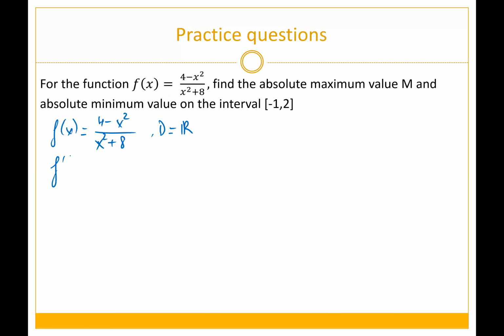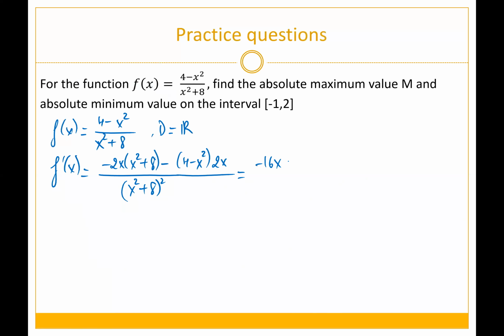So you have f prime of x, and this step should be easy now. It's x squared plus 8 squared in the denominator, with negative 2x multiplied by x squared plus 8, minus 4 minus x squared times 2x. So this one is going to give us negative 16x negative 8x over x squared plus 8 squared.